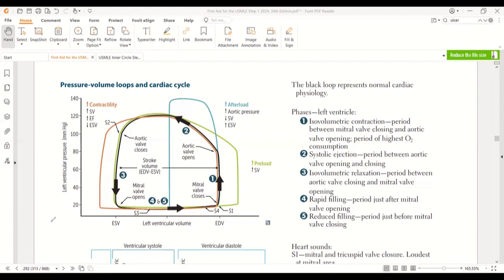So if the aortic pressure is increased, what happens to the left ventricle pressure? Another question: they give you the scenario, aortic stenosis. You have to identify it. USMLE loves to ask multi-layered questions. Like they give you aortic stenosis with syncope, angina, and dyspnea.